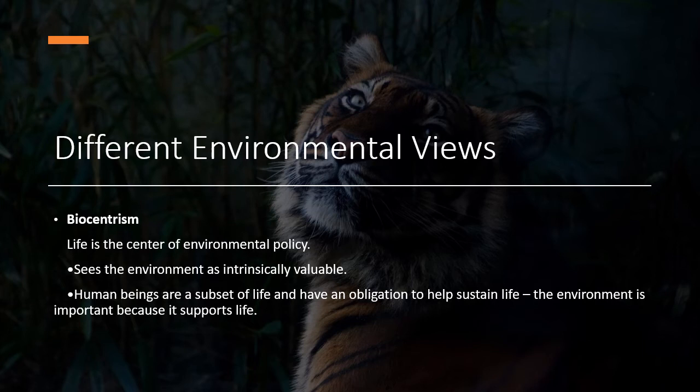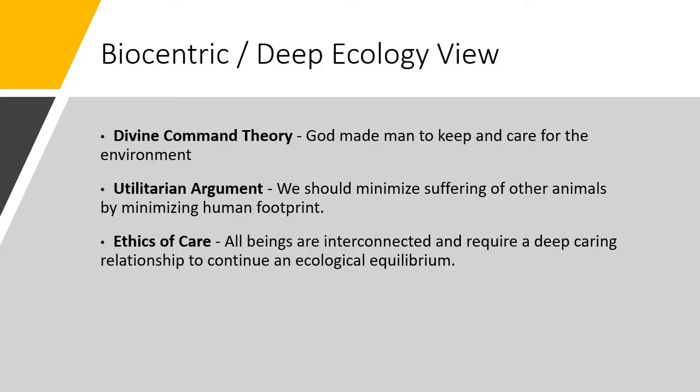And in looking at this, I'd point out that there's a lot of different arguments that go with biocentrism that we've already discussed here as well. So, another variation of divine command theory says that not only did God make man, but God made man to keep and care for the environment.